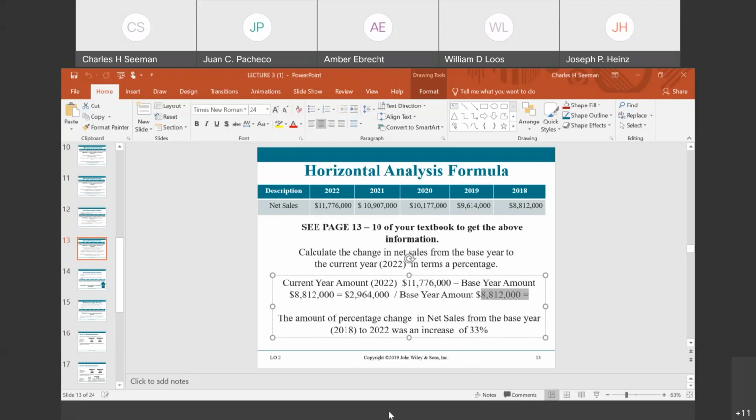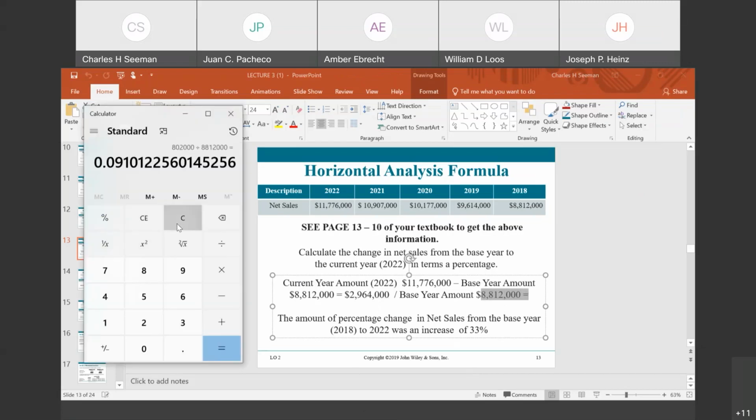So the percentage change would be 33%. 11,776,000 minus 8,812,000, divided by 8,812,000, gives you approximately a 33% increase.